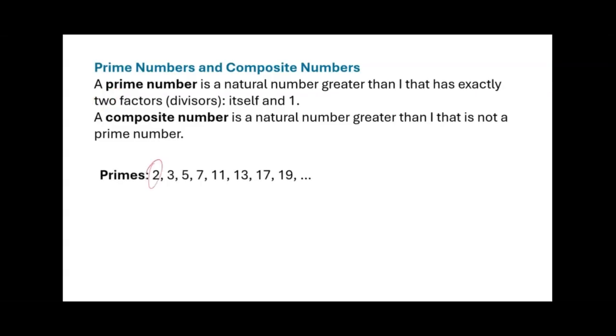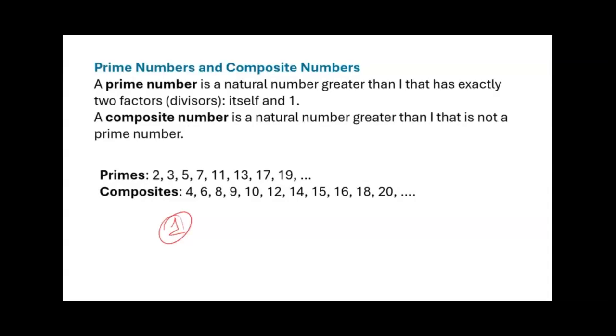Examples of prime numbers are 2, 3, 5, 7, 11, 13, 17, 19, and the list actually goes on. There are infinitely many prime numbers. Similarly, the composite numbers are the other numbers that I did not take into account, such as 4, 6, 8, 9, 10, 12.